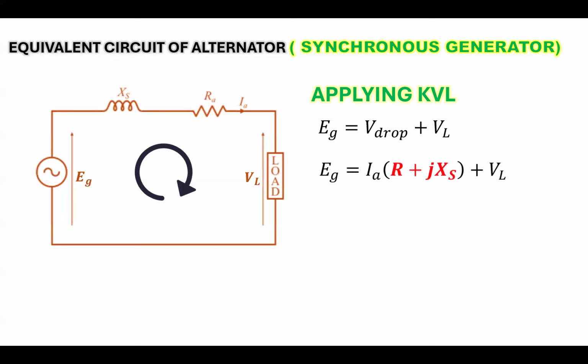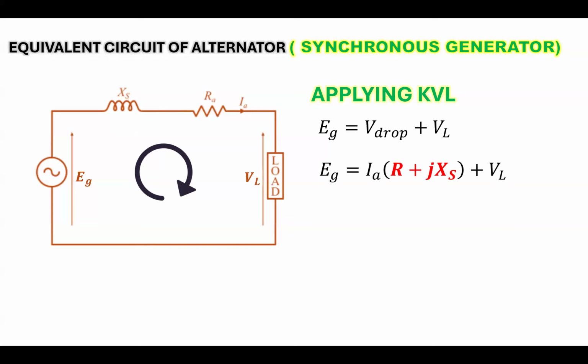We all know that to get the voltage drop, it's simply the armature current multiplied by the resistance plus the synchronous reactance, plus the load voltage.